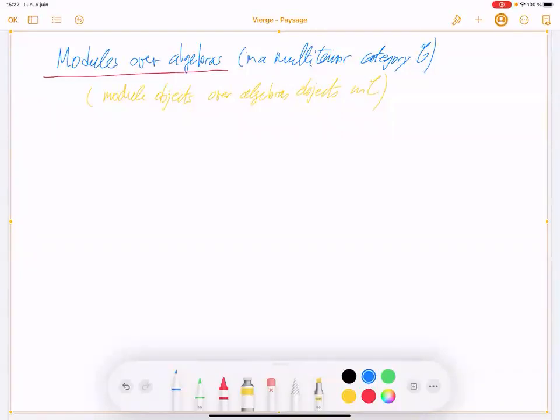And of course, we can mention left also. So we will define for the right, and for the left, it will be similar. But if we don't specify later, what we will call module are in fact right module.